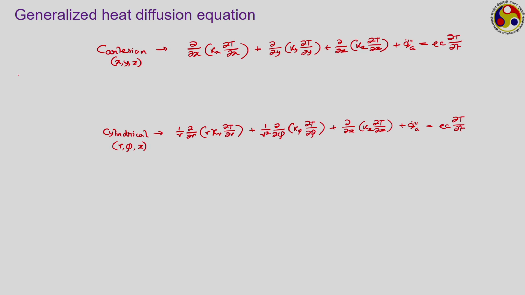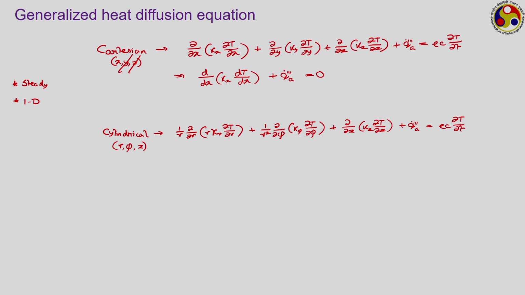Now, once we impose the first 2 conditions, that is steady and one dimensional, then in Cartesian coordinate, if we remove the y and z dependency, the equation becomes d dx of k x dT dx, plus q naught triple prime, is equal to 0.